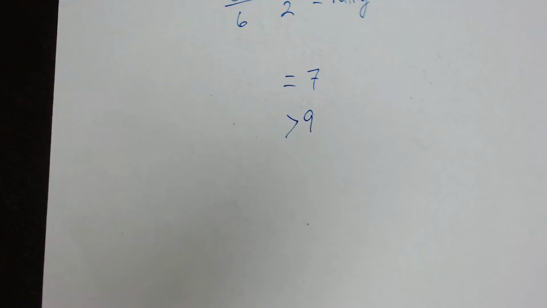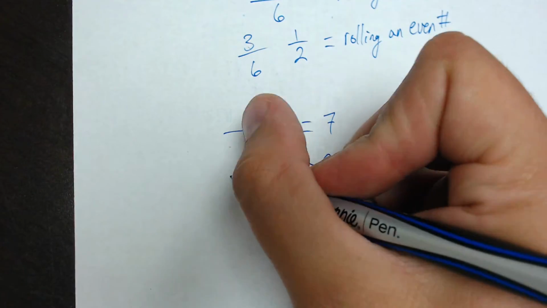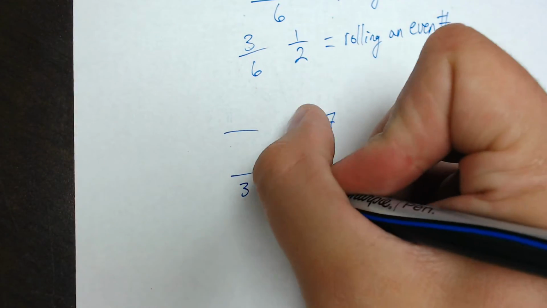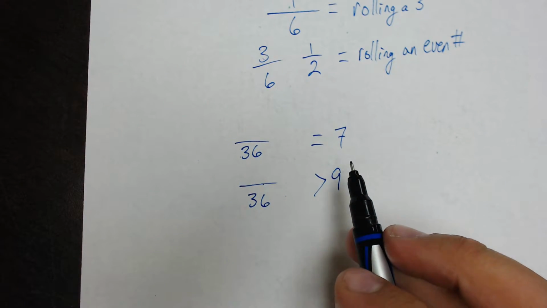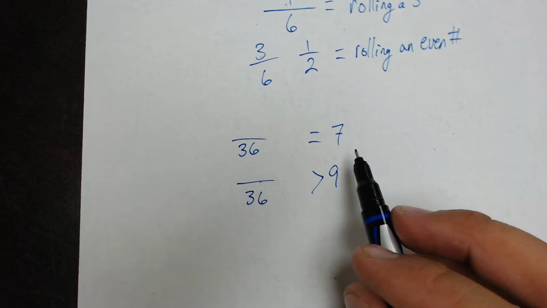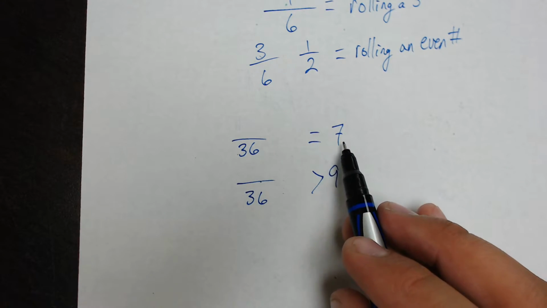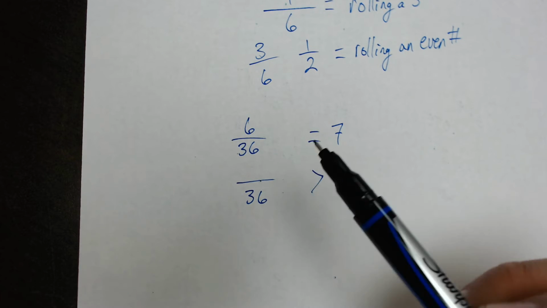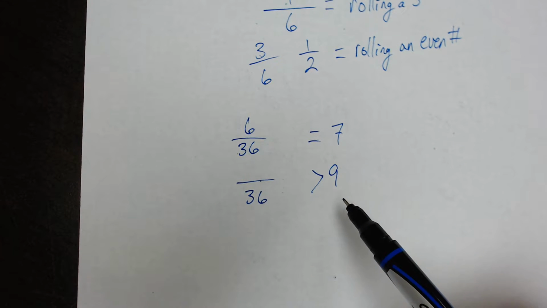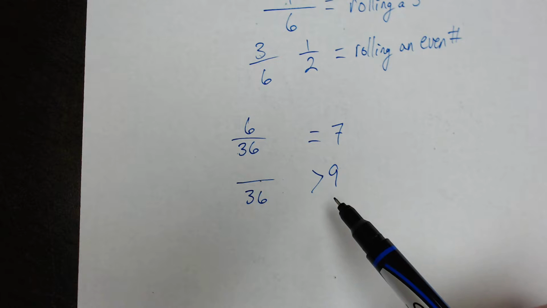All right, so like I said, if we're rolling 2 dice, that's 36 possible outcomes for each. Now, how many ways can we get the number 7? So if you remember from our chart counting down, there are 6 possible ways to roll the number 7. Now, when it comes to rolling numbers greater than 9, that only leaves us with 3 number possibilities, 10, 11, and 12.